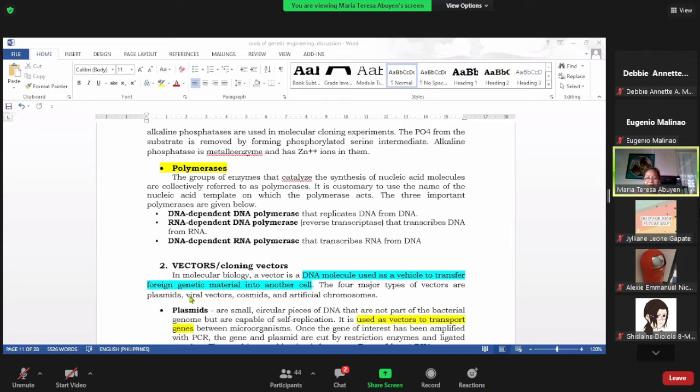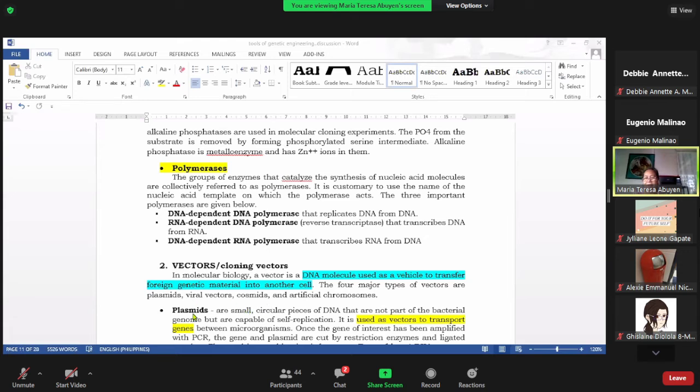The vector is a DNA molecule used as a vehicle to transfer foreign genetic material into another cell.